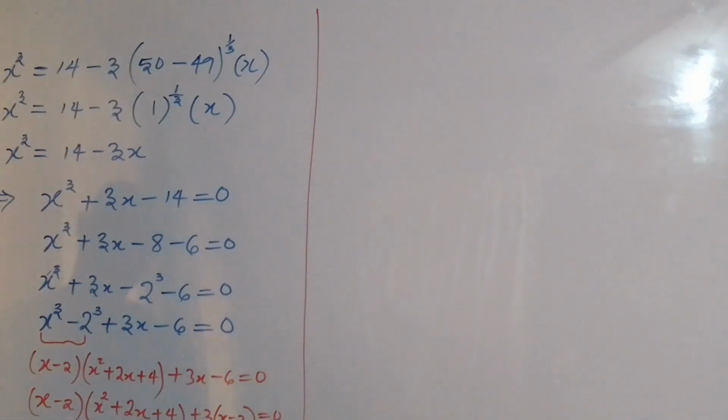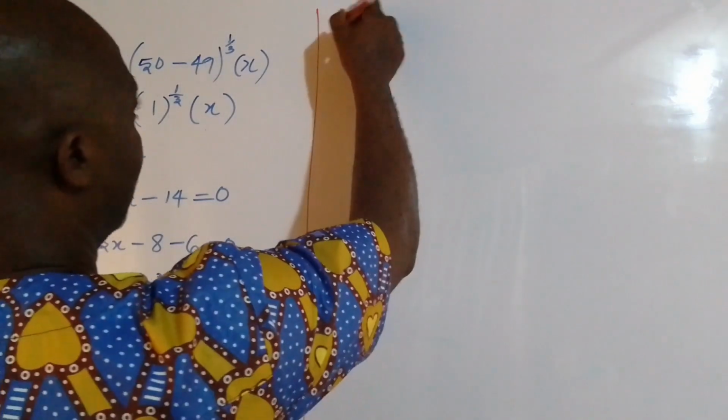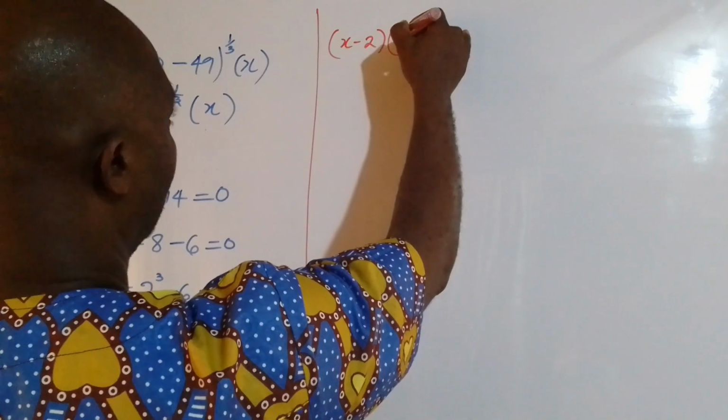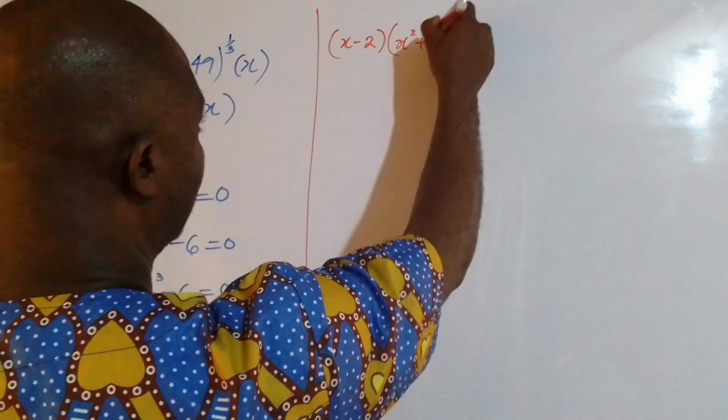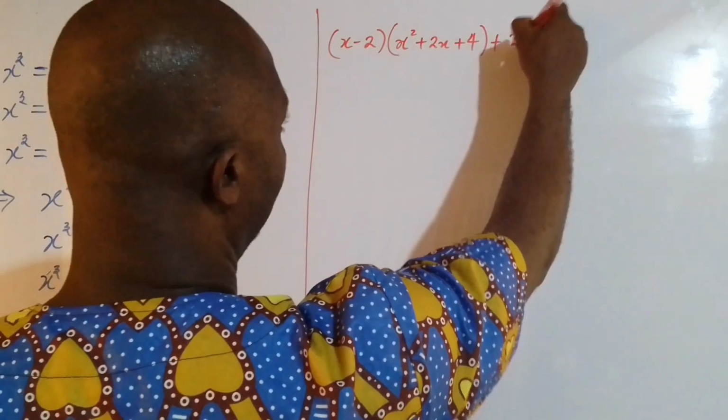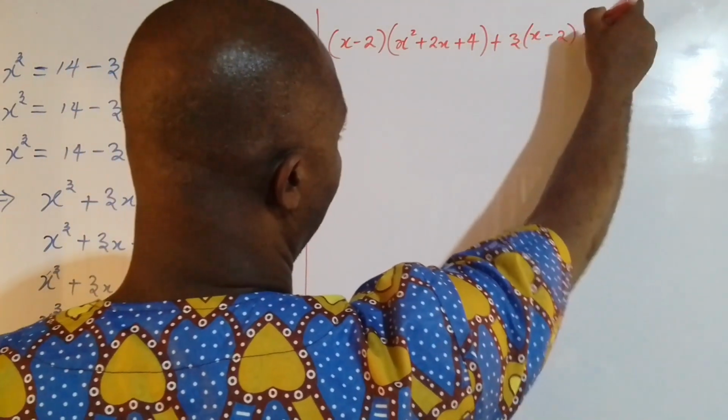So please pardon me, I'm going to repeat this line. x minus 2 times x squared plus 2x plus 4 plus 3 open bracket x minus 2 equal to 0.